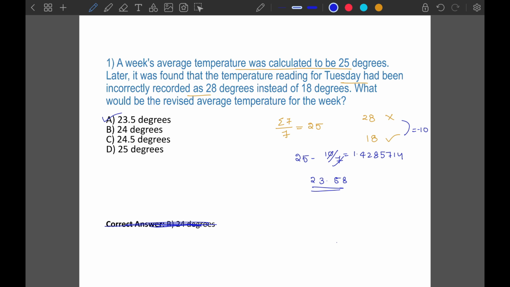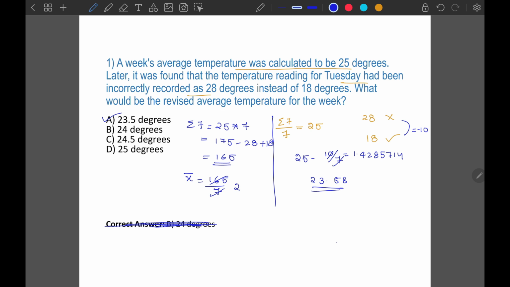We can also solve this by the usual method. The sum of 7 numbers equals 25 into 7, which is 175. Since they have taken 28 as wrong, we subtract 28, and the correct value is 18, so the new sum is 165. Since we need to find the mean, the mean equals 165 by 7.